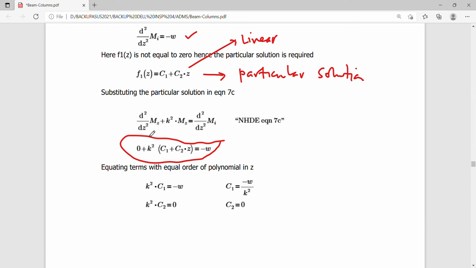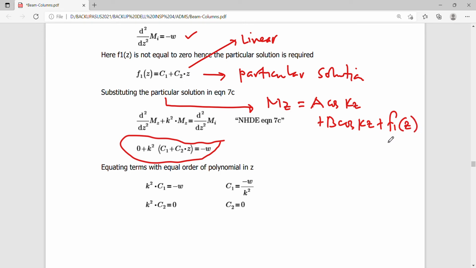So if I differentiate now your Mz as a function, take note that we are looking into a particular solution, no? So our Mz is simply equivalent to a cosine of kz plus b cosine of kz plus f1(z).